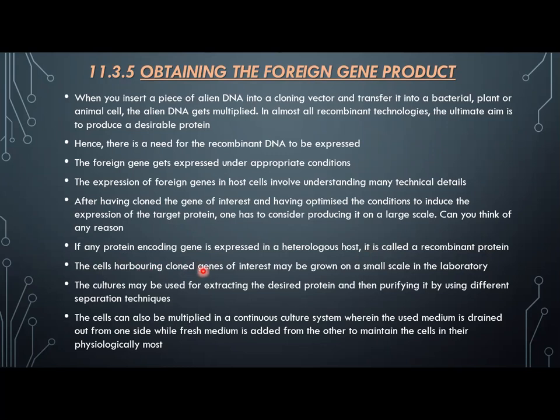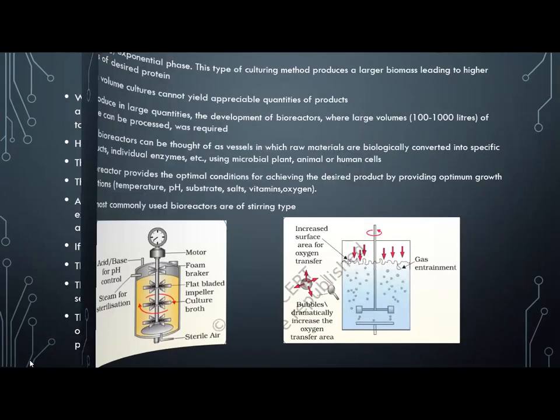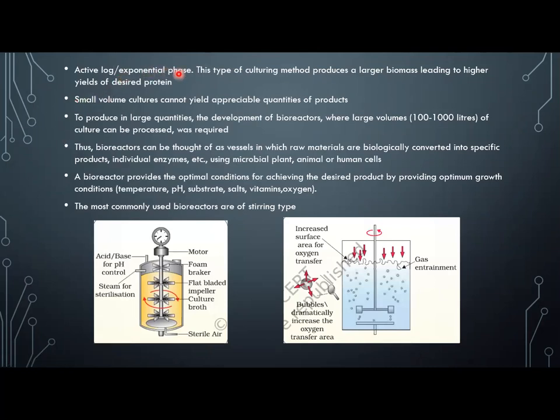The cells harboring cloned genes of interest may be grown on a small scale in the laboratory. The cultures may be used for extracting the desired protein and then purifying it by using different separation techniques. The cells can also be multiplied in a continuous culture system wherein the used medium is drained out from one side while fresh medium is added from the other to maintain the cells in their physiologically most active log or exponential phase.